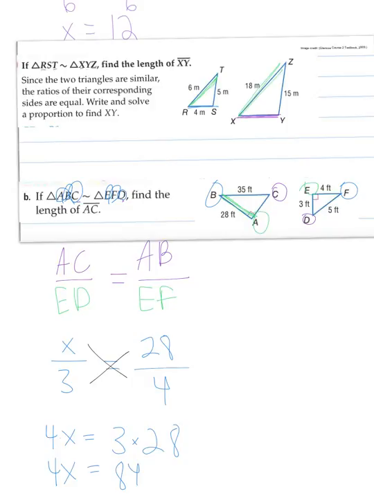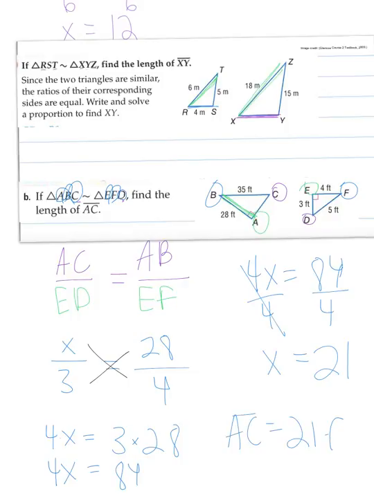I'm going to carry this up above, so 4x equals 84. Divide each side by 4. The 4's cancel, so x equals 84 divided by 4 equals 21. So the length of AC equals 21 feet.